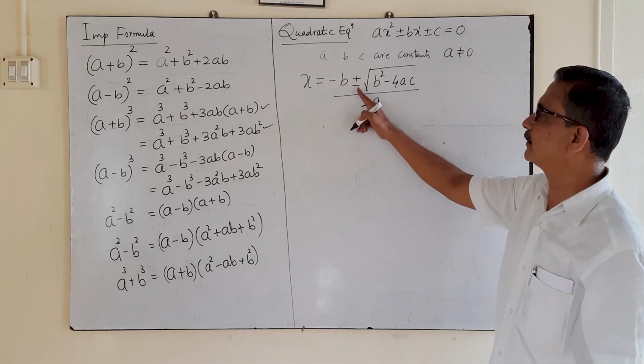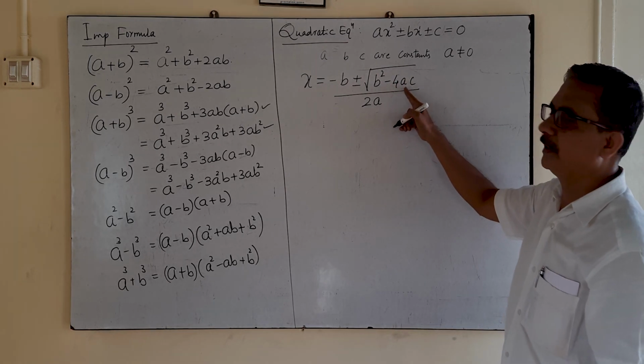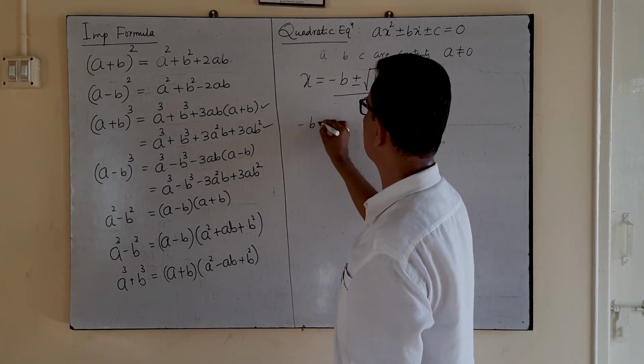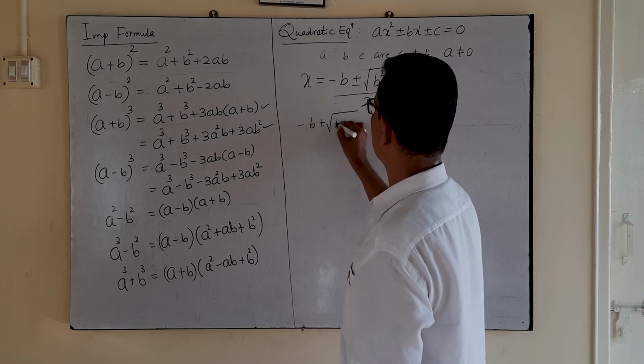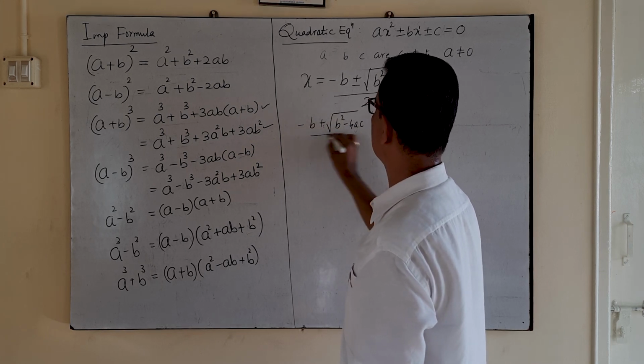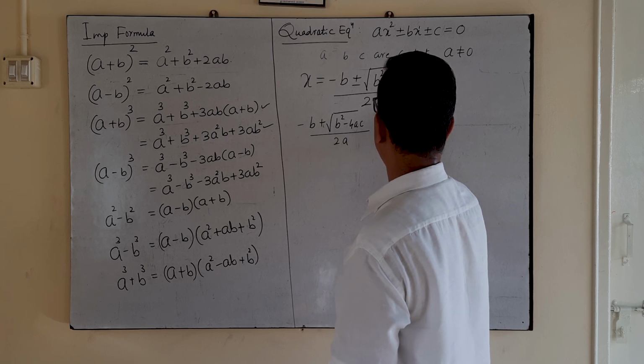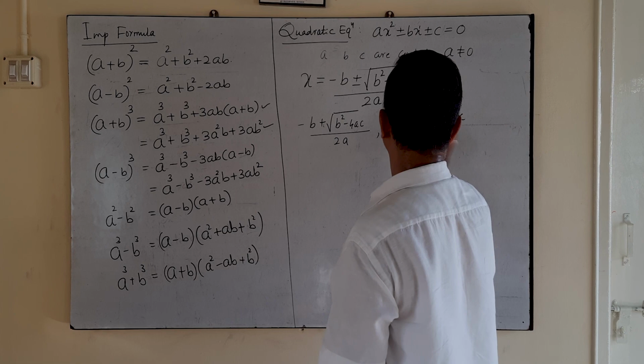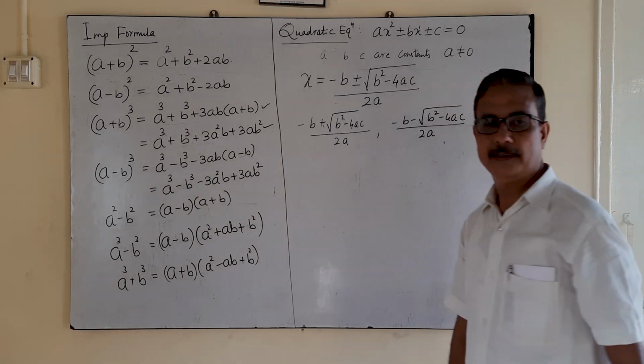Another root is minus b minus root of b square minus 4ac divided by 2a.